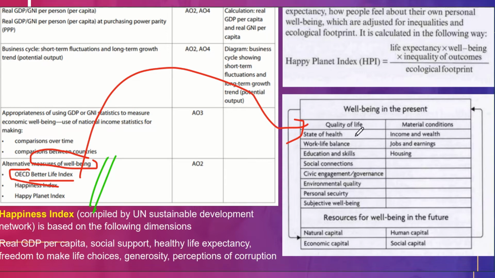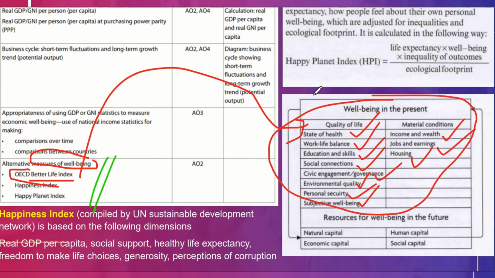They included health status, work-life balance, education and skills, social connections, governance or civic engagement, environmental quality, personal security, subjective well-being, income and wealth, jobs and earnings, and housing. These components are included, and they measured and developed the Better Life Index.